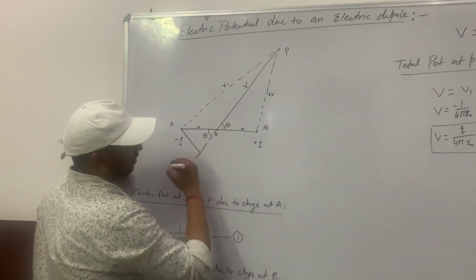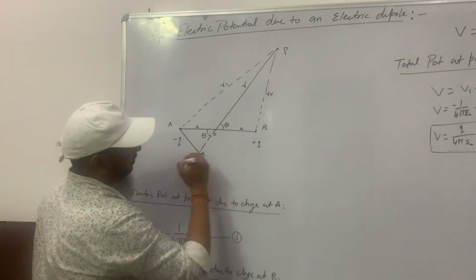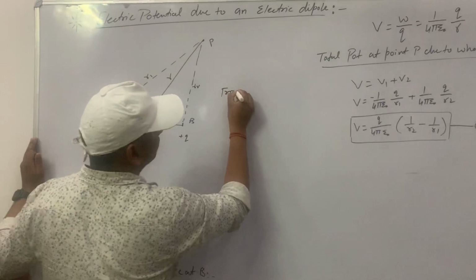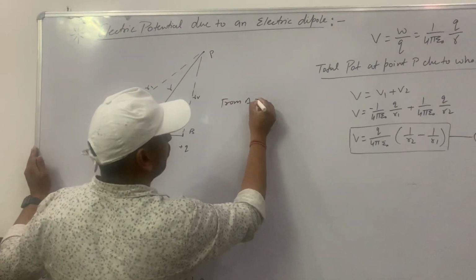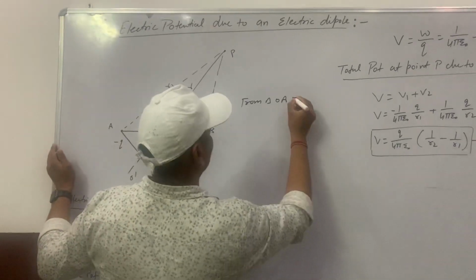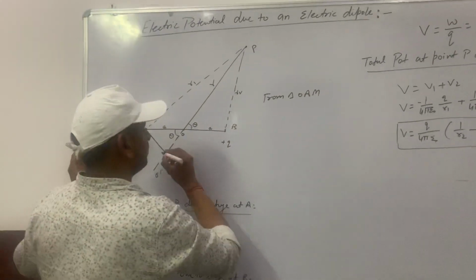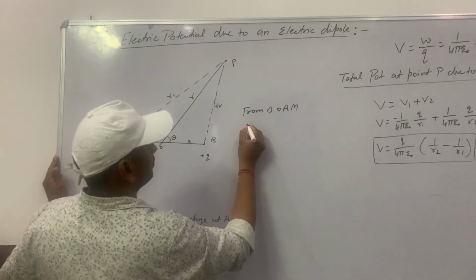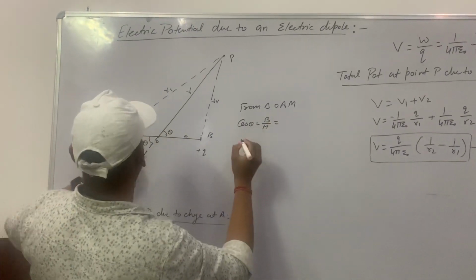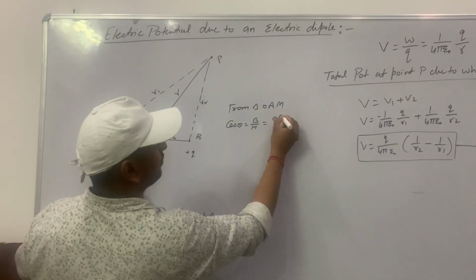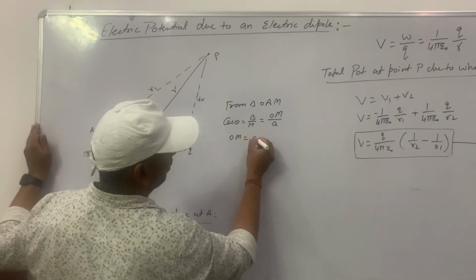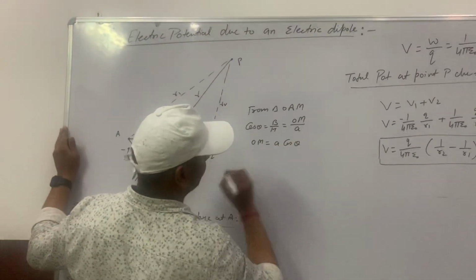This point is M, and from triangle OAM, cos theta equal to base over hypotenuse, and the base of this triangle is OM and the hypotenuse is A. So OM equal to A cos theta.